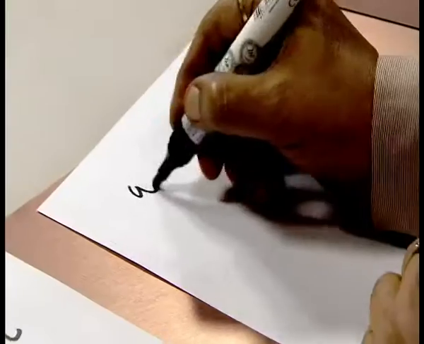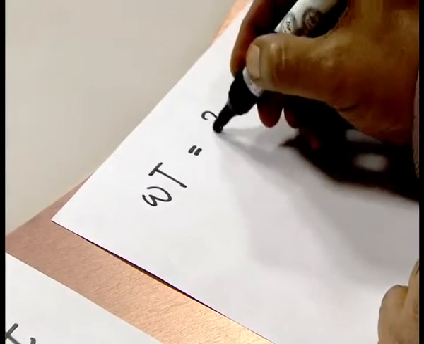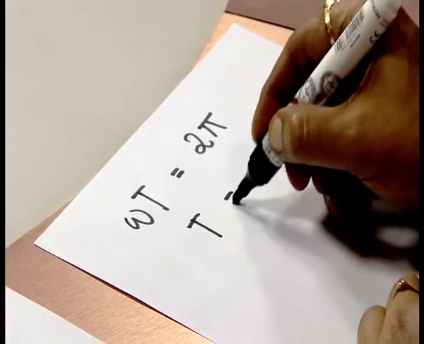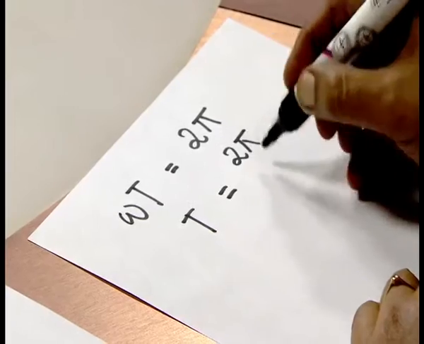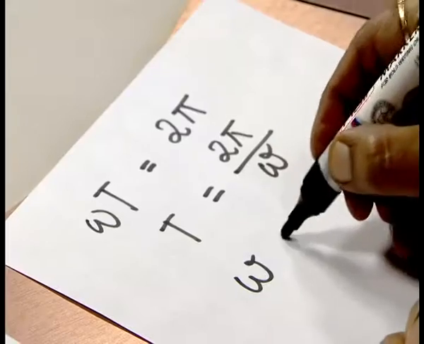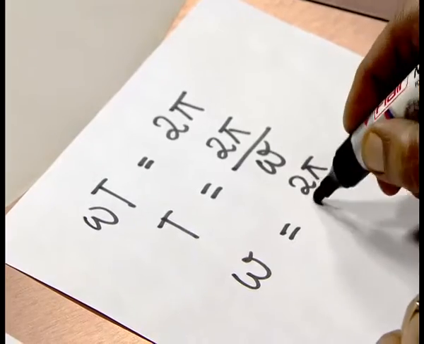So, the period increases by twice pi, and therefore we multiply omega by capital T, which we call the time period, and we say that omega times T is equal to twice pi, where T is equal to twice pi by omega.